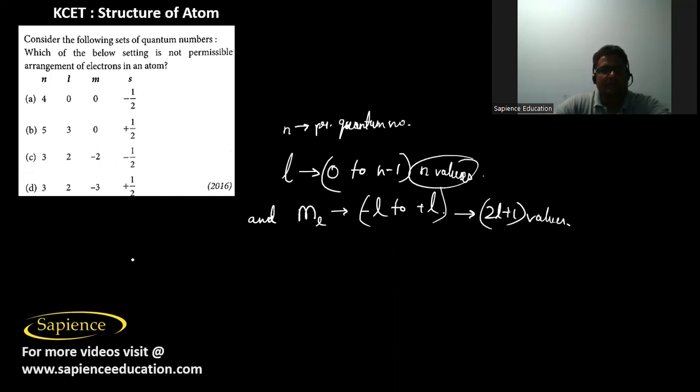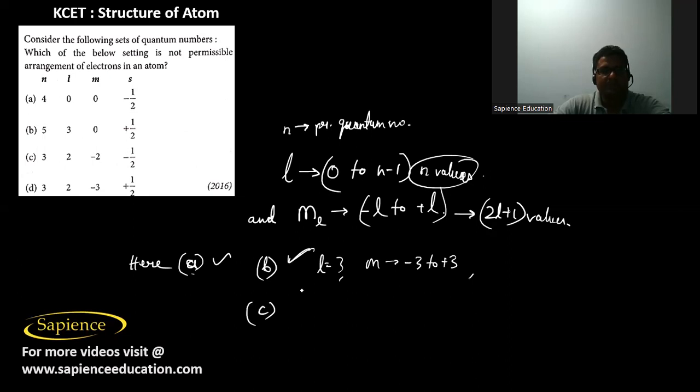In option A, L is 0, ml is 0, and n is 4, which is permissible. In option B, L is 3, n is 5 and ml is 0. Since L is 3, ml will go from minus 3 to plus 3, so it is permissible here also.